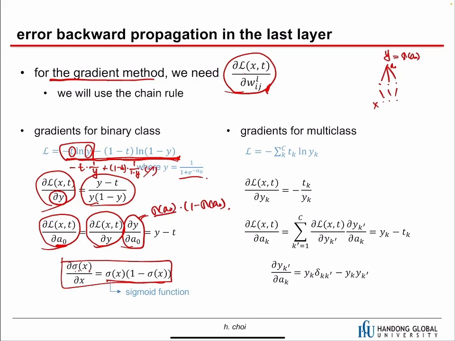And by the way, this sigmoid of a naught is y, and this one is 1 minus y. We multiply this term with this one, and then we cancel these terms. So now we have y minus t. You can do this by yourself too. The equations are not that complicated, but when you derive the equations, be careful with these subscripts and superscripts, okay?